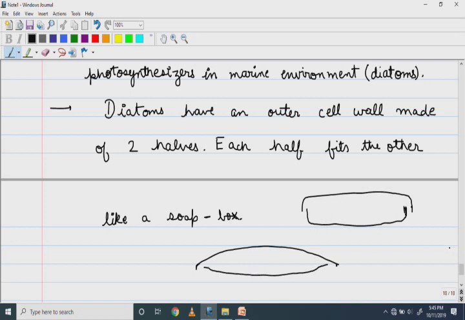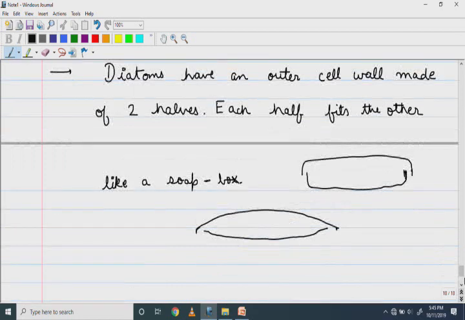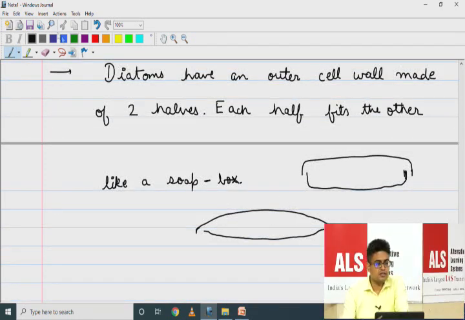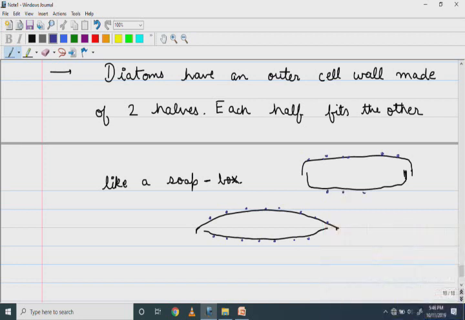Okay. So they have two unequal halves. Each shell is called a frustule. And on this cell wall, there are many shiny particles called silica particles. Silica particles are attached. SiO2, silicon dioxide. That's a material similar to what quartz is made of.